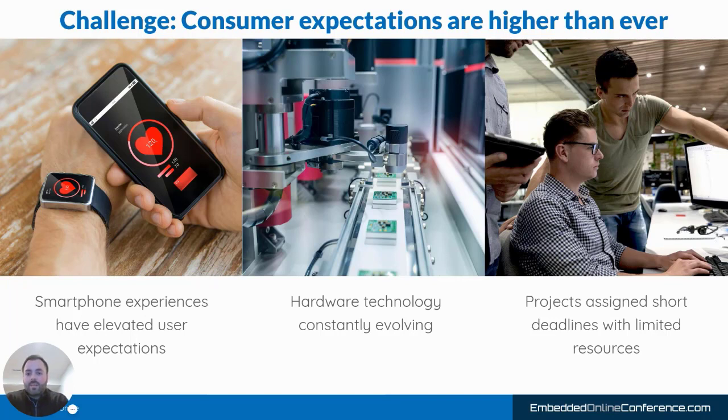Everybody has a phone in their pocket these days. They're all used to a high-end system with some of the latest UI trends and very performant hardware. So with that being what everyone's used to, all of a sudden projects in deeper embedded spaces are being compared to that. And whether it's fair or not, that comparison and that benchmark is going to impact how a user feels using your product.